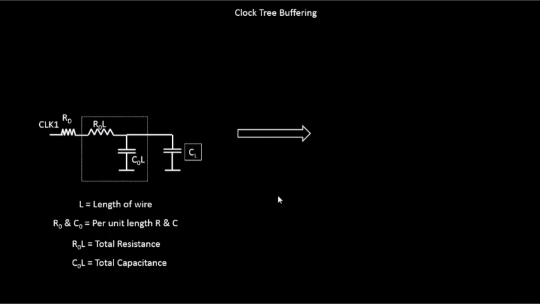If you look at the total time constant, that is the RC time constant, let us try to calculate that. Let's focus on the resistance part first. You have two resistances in series, which are RD and R0L, and two resistances in series just add up, so it will be RD plus R0L.